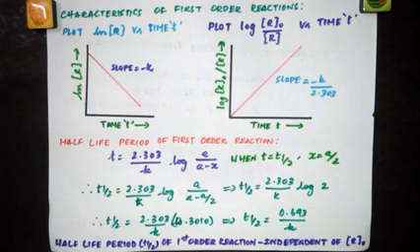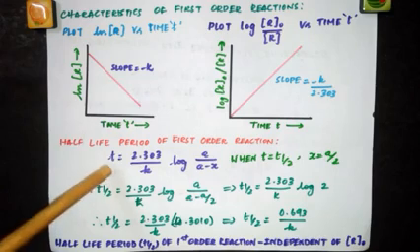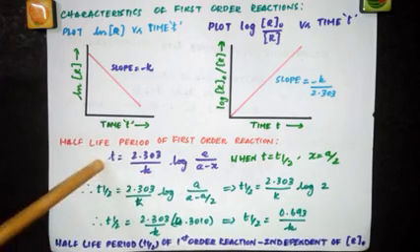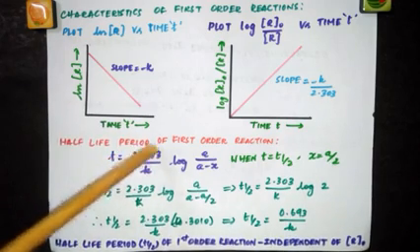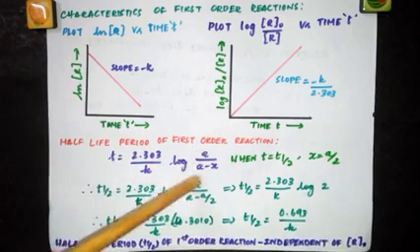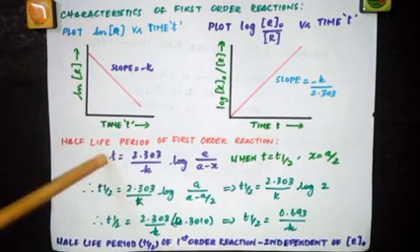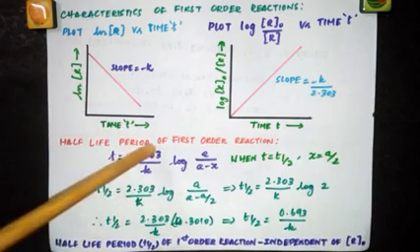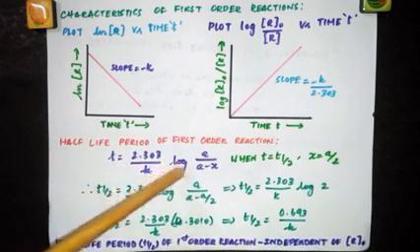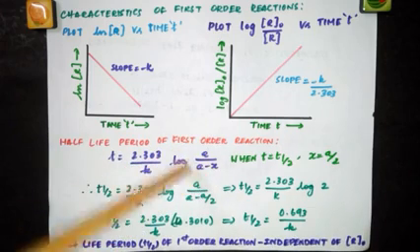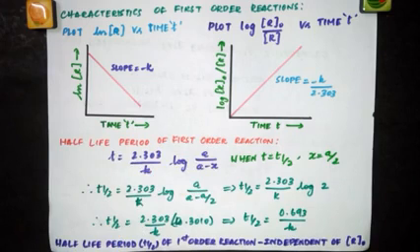Now coming to the half-life period of first order reaction. Let's take the integrated rate equation. We actually wrote k is equal to 2.303 by t log a by a minus x. Since we are going to find out the t half value, we are bringing this t here. t is equal to 2.303 by k log a by a minus x. And you know what is the half-life period? It is the time taken to complete half of the reaction.